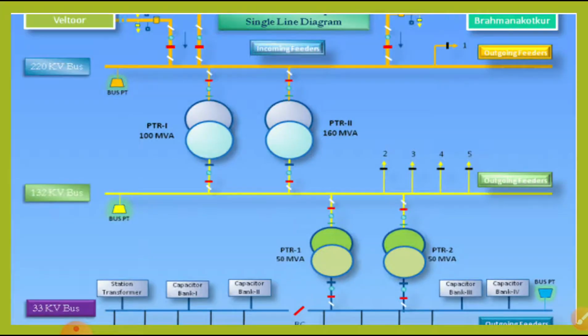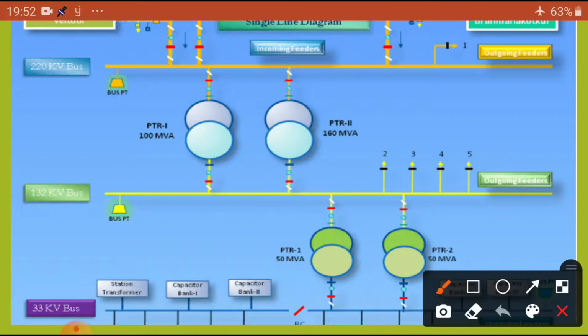Now you can see here, dear students, what the incoming feeders are. From Vellore, that is the location, the 220 kV input line is coming here, and from another nearby location another feeder is also coming.